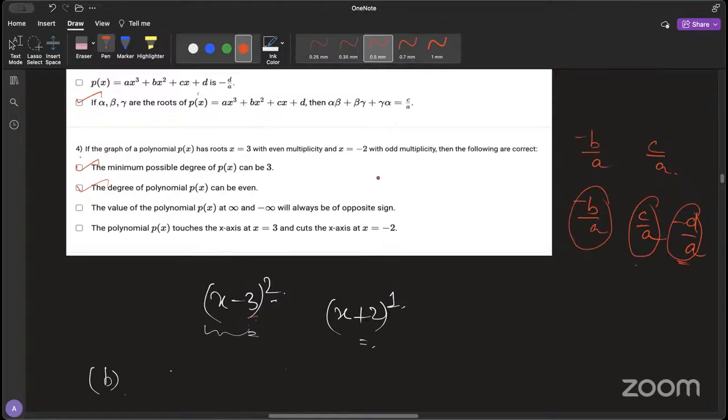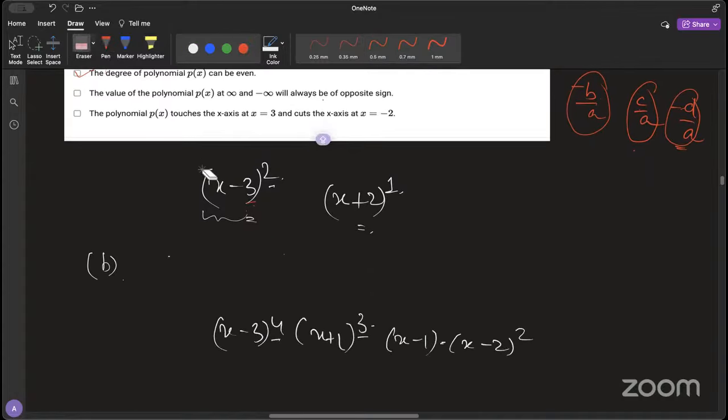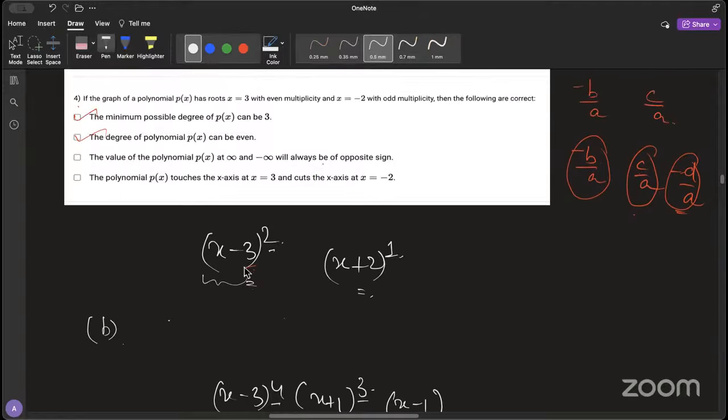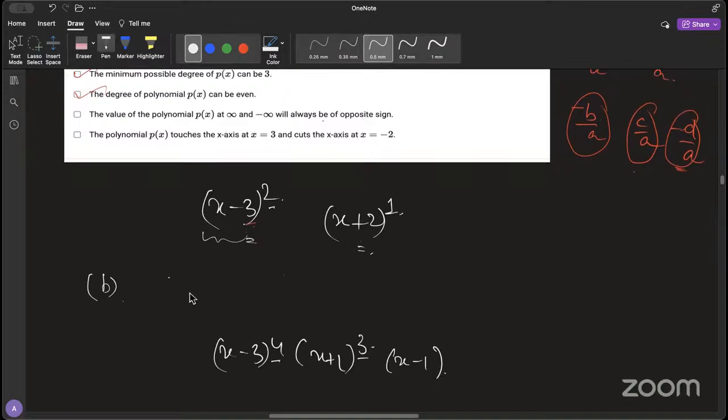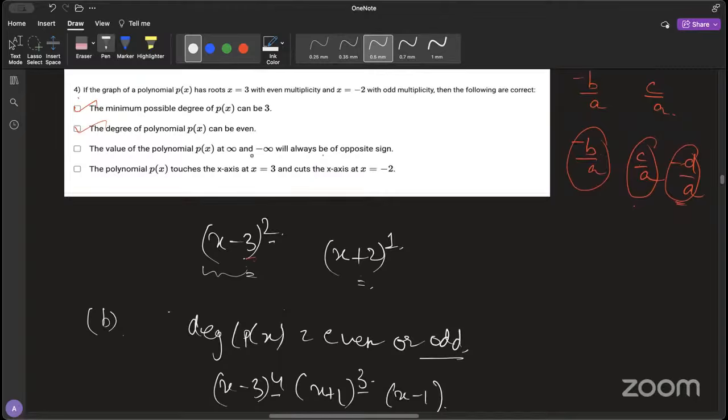Because they've not mentioned it, you can't really say anything about the signs here, right? Your degree of p(x) can be even or odd. It could be anything, right? So if it's anything, then you can't really talk about what happens when it goes to infinity or to minus infinity.